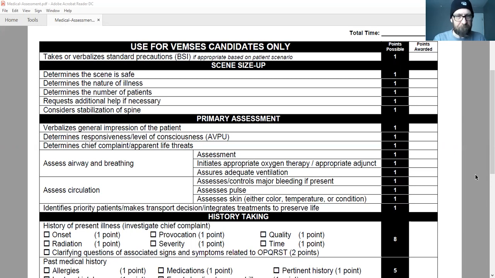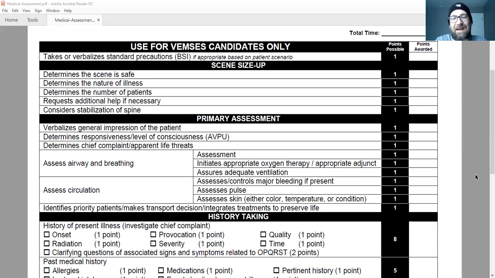All right, so our breathing, again, we're going to look at work of breathing. We're going to assess them with our senses. We're going to look at them to see how they're breathing. We're going to listen to how they're breathing. Is there any indication that the breathing is inadequate? And in this case, it's not. We'll go ahead and say that our patient's oxygen saturation levels are at, let's say, something very normal, like 97%.